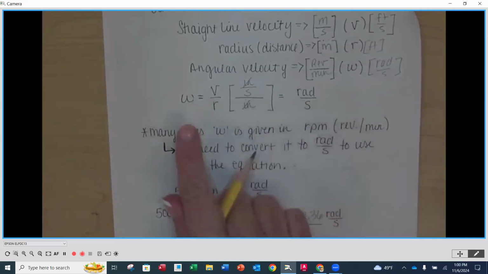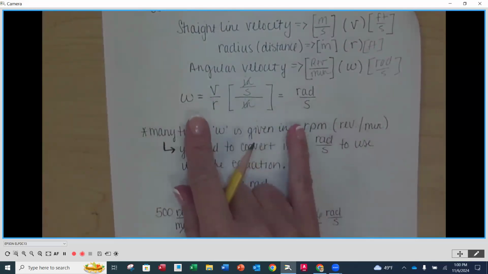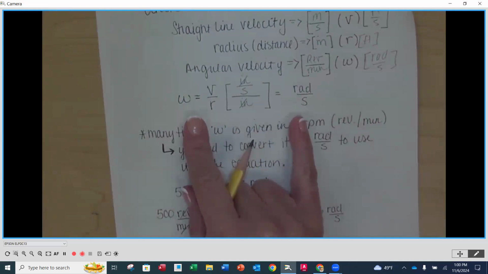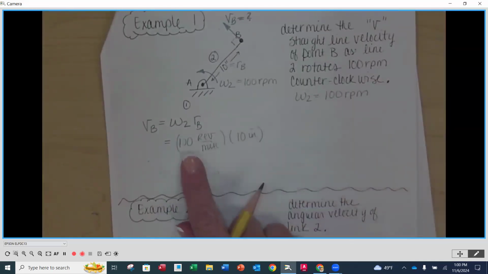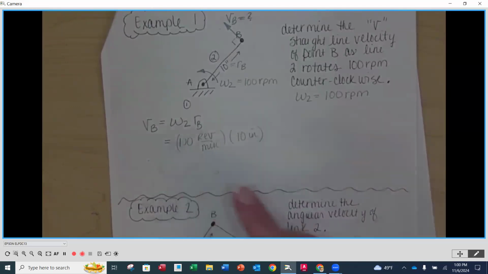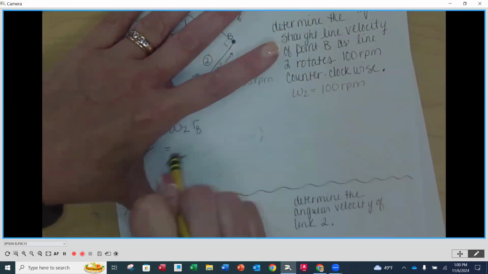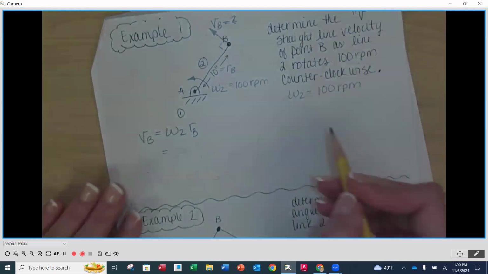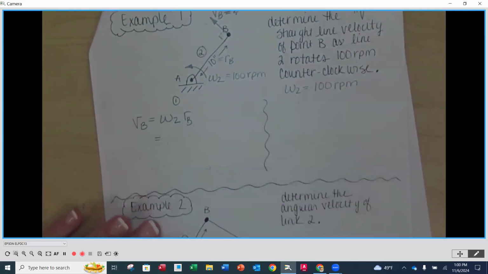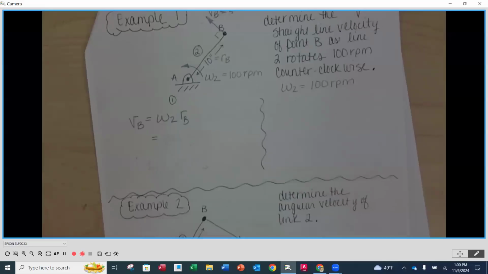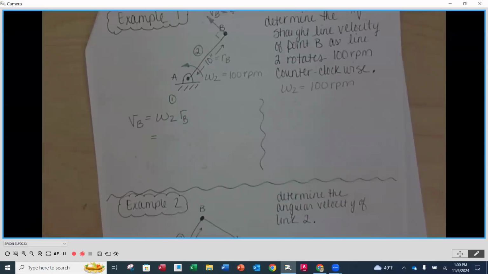Remember, in and out of this equation, my omega has to be in what? Radians per second. I cannot use my RPMs in this equation. Can't use it, okay? We have to convert it before we put it in, all right? So we're going to have to do a little bit of work before we put this in here. So we need to convert my omega 2, my 100 RPMs, into radians per second, okay?